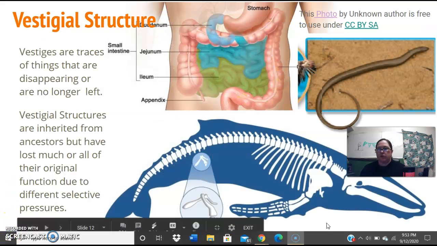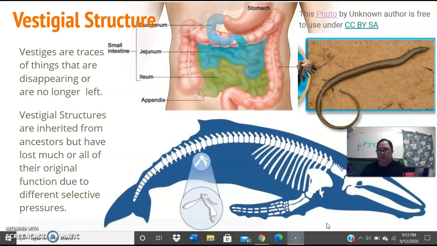The next type of structure used to infer relationships are vestigial structures. Vestiges are traces of things that are disappearing or are no longer left. So vestigial structures are inherited from ancestors but have lost most or all of their original function due to natural selection.